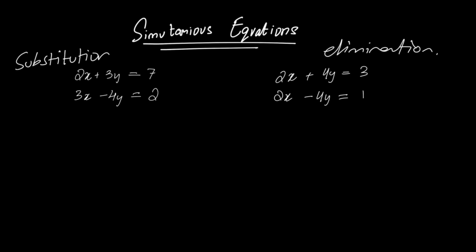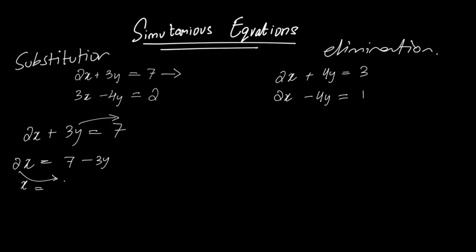In substitution, what you basically do is you take one equation and make one of the variables the subject. For example, let's make x the subject here. So 7 minus 3y, we will take this over there. Then we will take this 2 over there, 7 minus 3y upon 2.